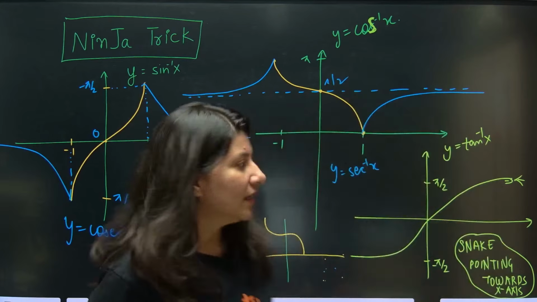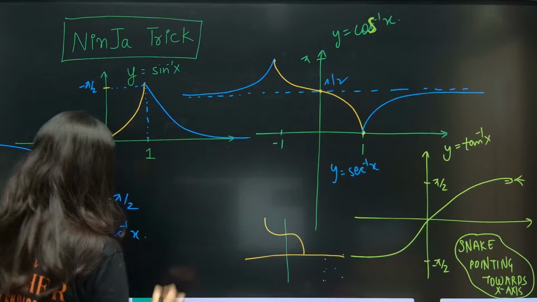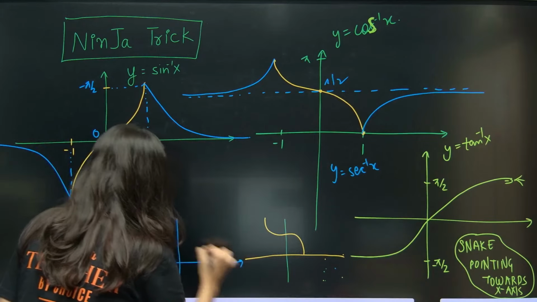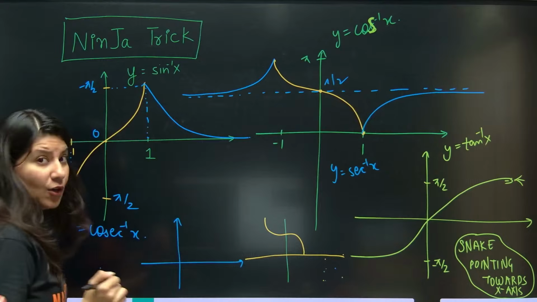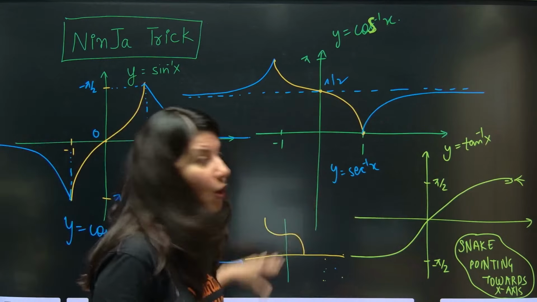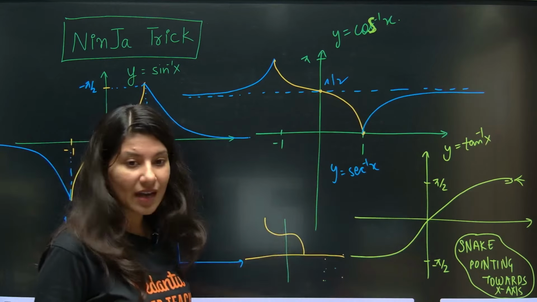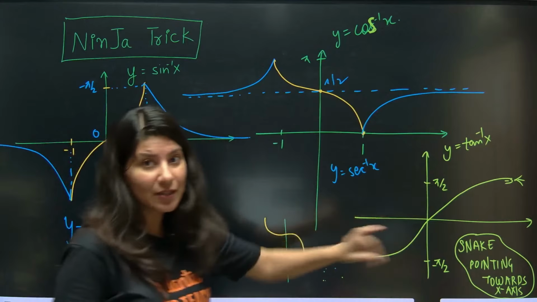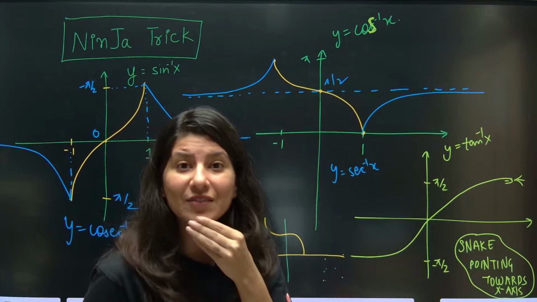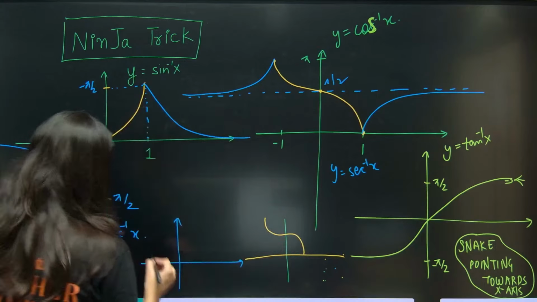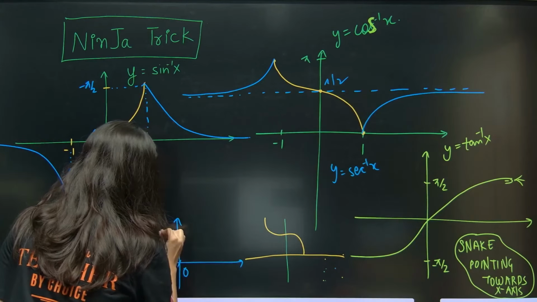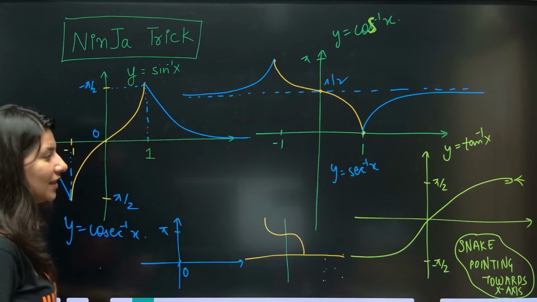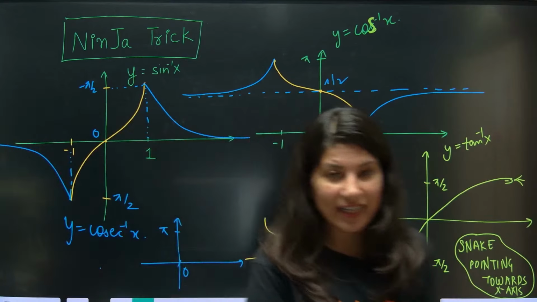Now this is tan inverse. Now cot inverse. Tan inverse and cot inverse cannot stay in one graph because of the range. The range of tan inverse is minus pi by 2 to pi by 2, but the range of cot inverse is 0 to pi open. The snake trick is the same.